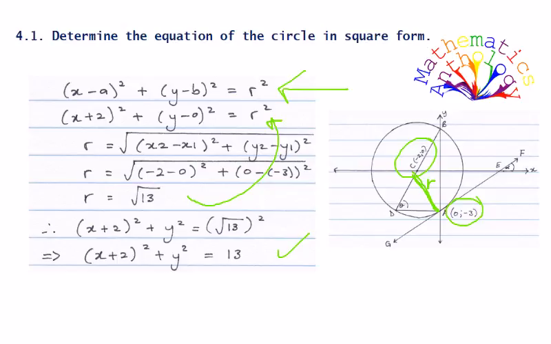Now that distance of the radius must go back into that square formula for the circle. So your final answer becomes (x + 2) all squared plus y squared is equal to root 13 all squared, which is 13.